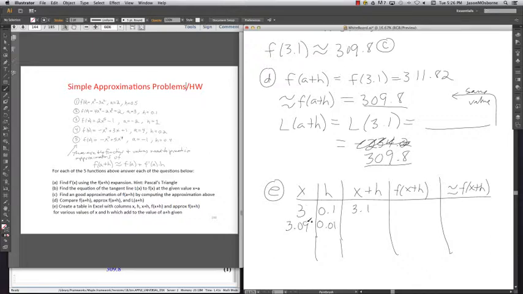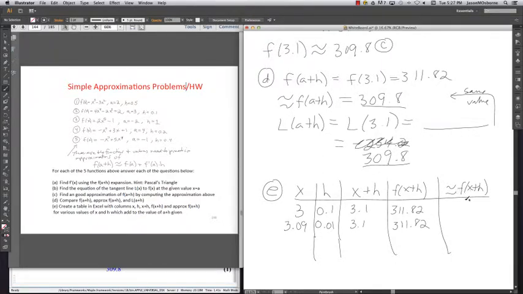Because when you add x and h, you get 3.1. So your job was to find these numbers, f of x plus h. If you did this in Excel, you would find that this would be 311.82. And you would get 311.82 here. And the approximation of f of x plus h would be 309.8, as we've shown above.